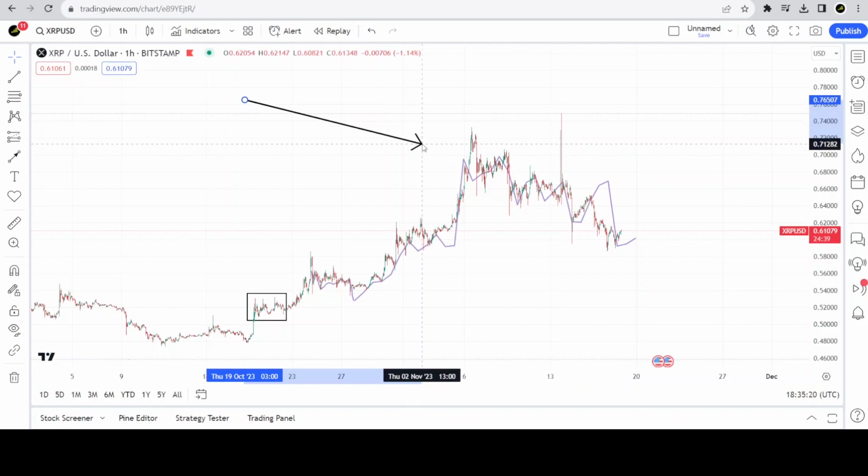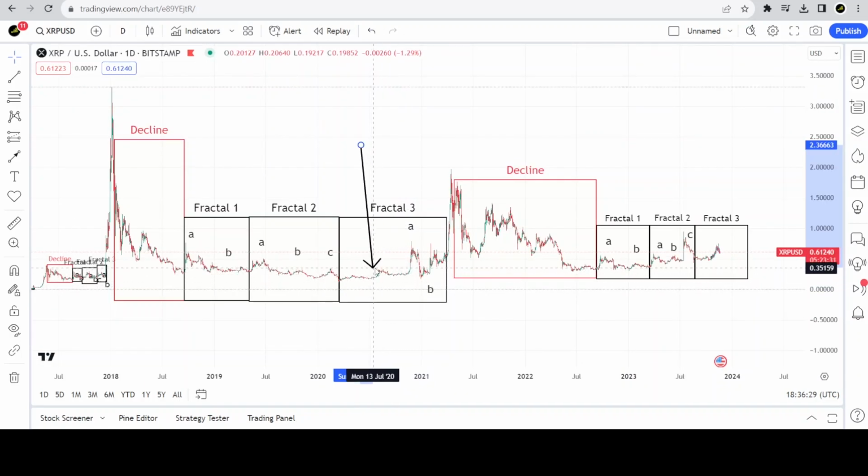So to conclude, there is a small possibility that this fractal right here is playing out just at a larger scale. However, the majority of the fractals we are following are indicating that this decline part has now been completed.